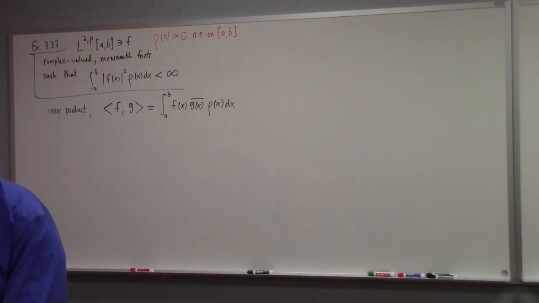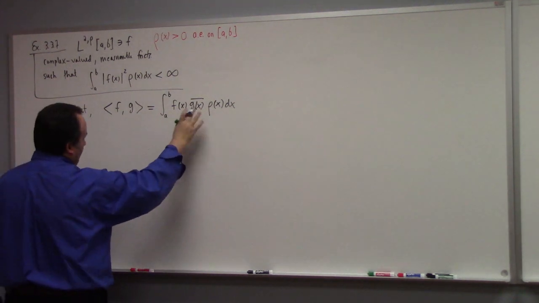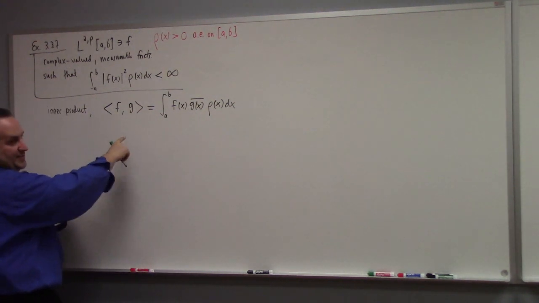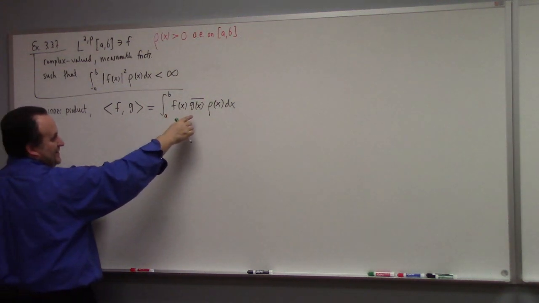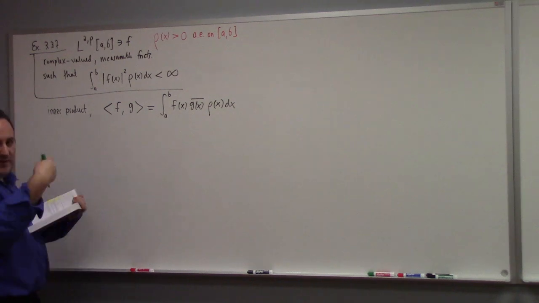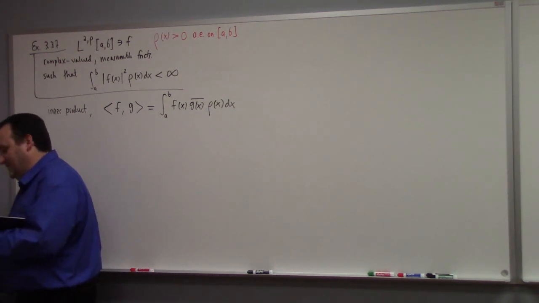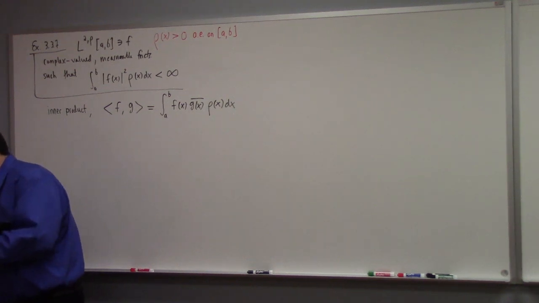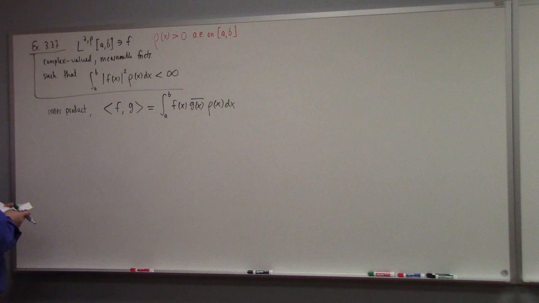And you can prove the sesquilinearity follows almost immediately from this formula: linearity in the first slot and conjugate linearity in the second spot because of the conjugation here and the properties of the integral.